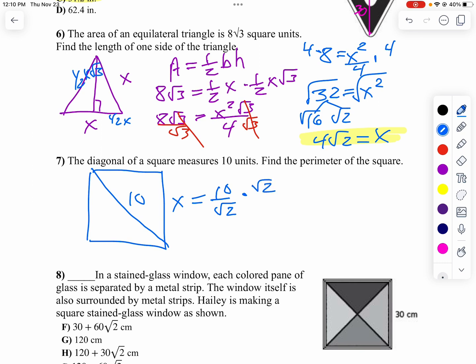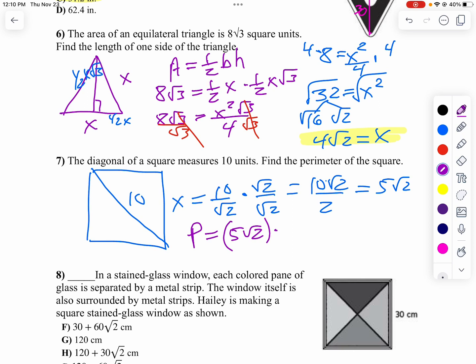Or I'll get 10 square roots of 2 over 2, which is 5 square roots of 2. So my perimeter is going to be 5 square roots of 2 times 4 sides, so I would get 20 square roots of 2 for the perimeter of my shape.